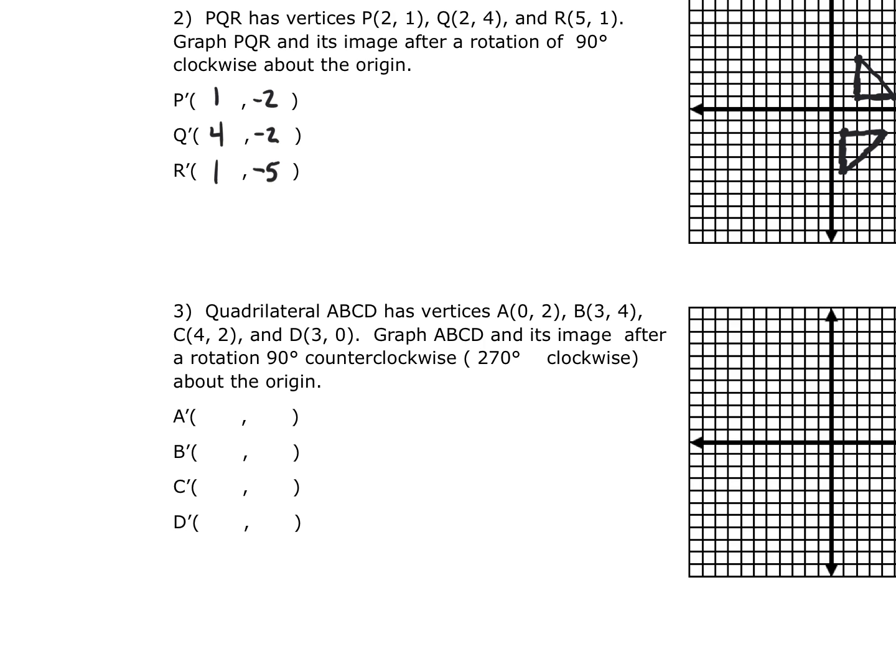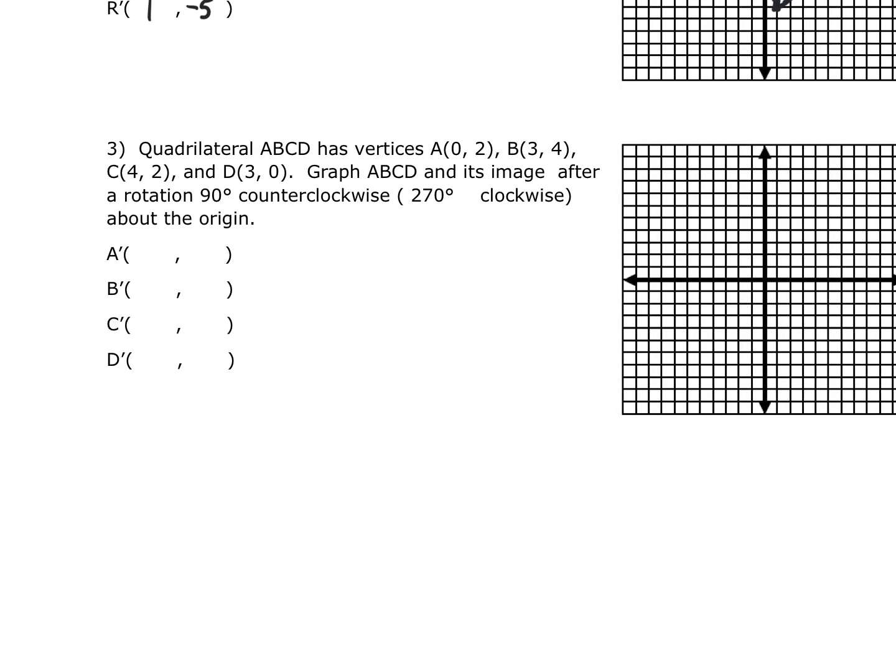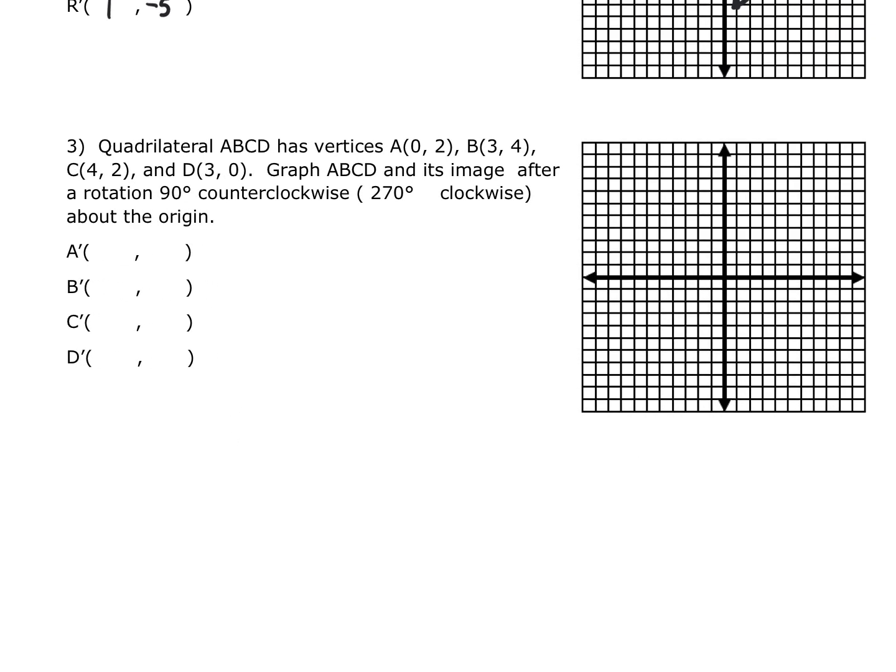Alright, so last example here, quadrilateral ABCD has vertices at 0, 2, 3, 4, 4, 2, and 3, 0. So let's go ahead and place this: 0, 2, 3, 4, 4, 2, and 3, 0.